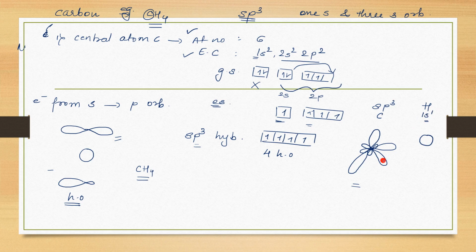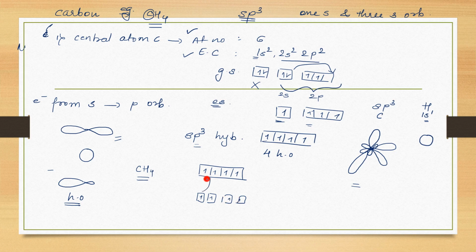So it is s orbital, so spherical in shape, right? So now let's see what happens with CH4. Whenever CH4 bond formation is taking place, these are the four hybrid orbitals of carbon, and these are the four hydrogen atoms, each having a single electron, right?